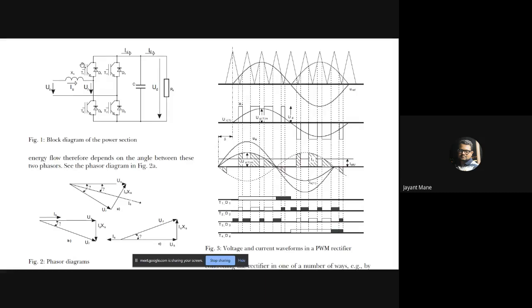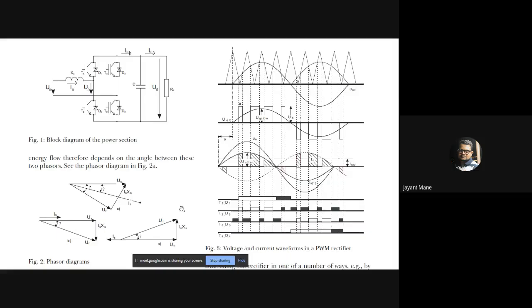When we supply voltage for the duration when the control signal is present, this will be on. You remove the control signal, this will be off. So you can see here, these are the gate pulses. They are like square waves, and for the duration where you want the voltage, you keep the signal.